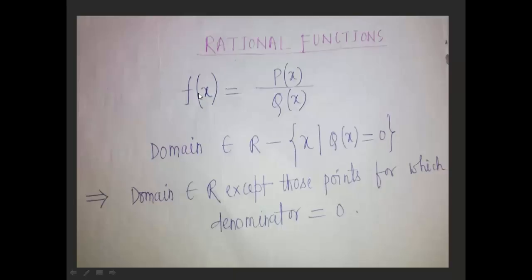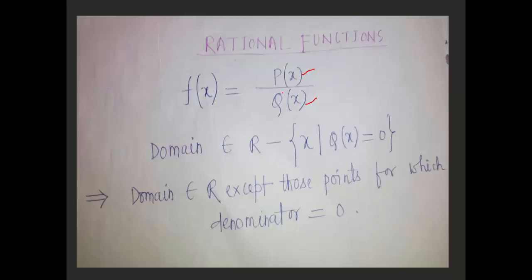Now the second algebraic function is the rational function, which is a most important part. A function obtained by dividing a polynomial function by another polynomial function is a rational function. Here p(x) and q(x) are both polynomials.